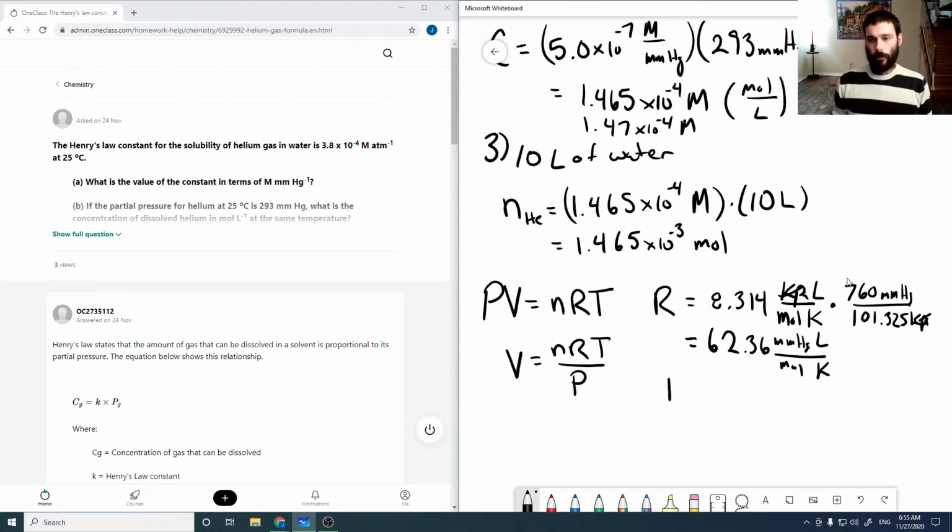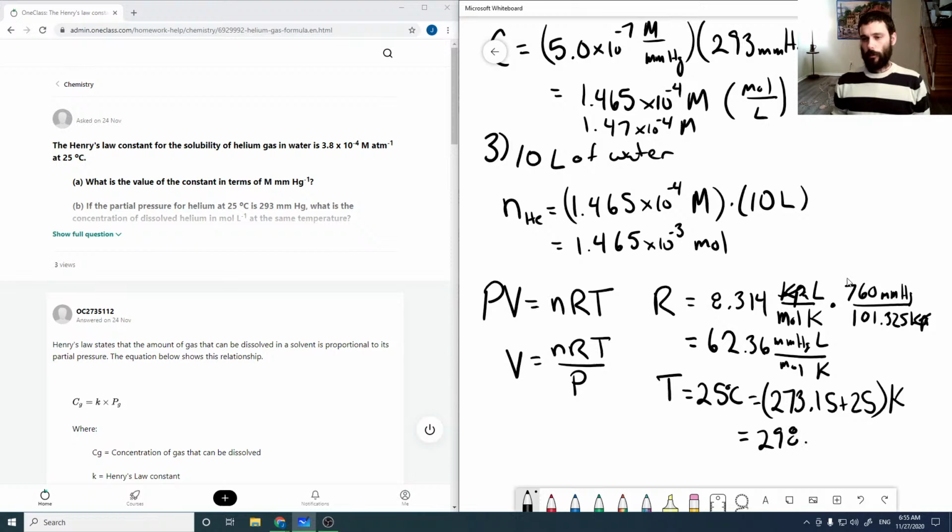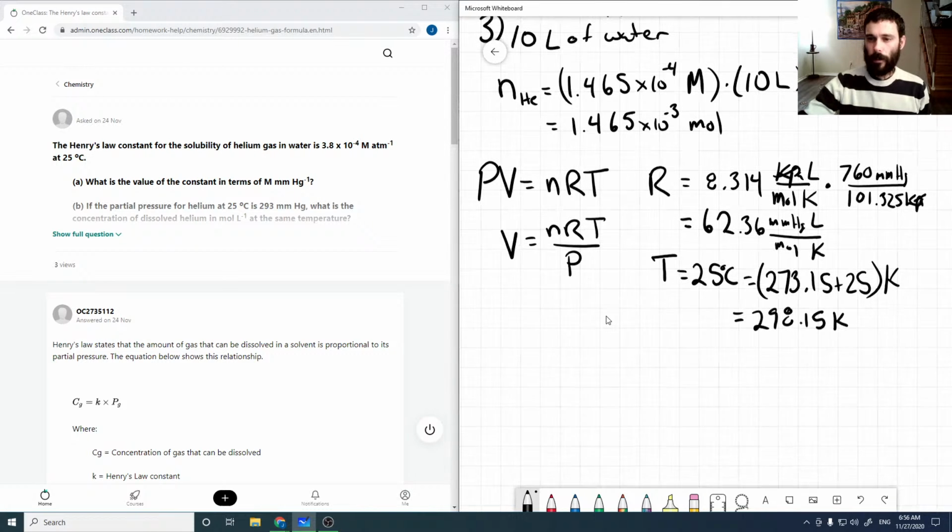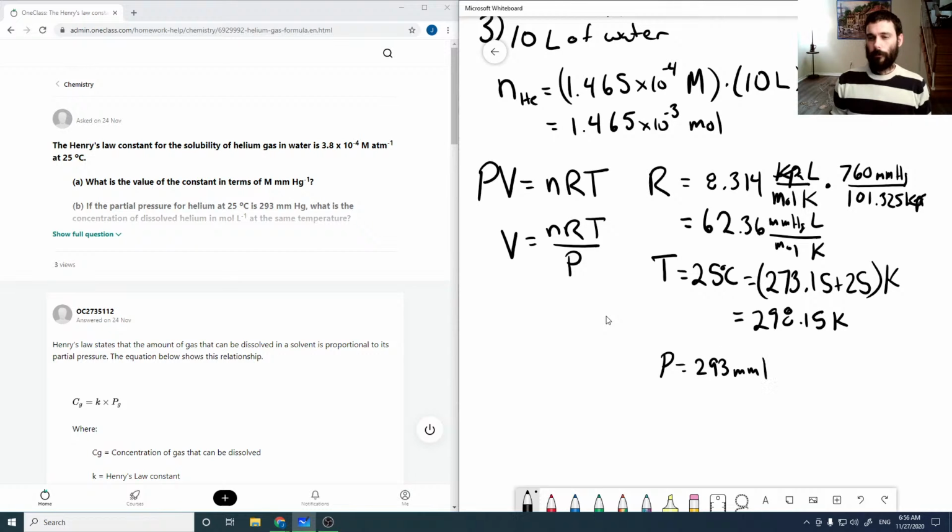Our temperature is given in the question as 25 degrees Celsius, which we're going to have to convert again, so that's 273.15 plus 25 Kelvin, which equals 298.15 Kelvin. So there's our temperature, our R, we have our n, and we're given in the question that our pressure is 293 millimeters mercury.